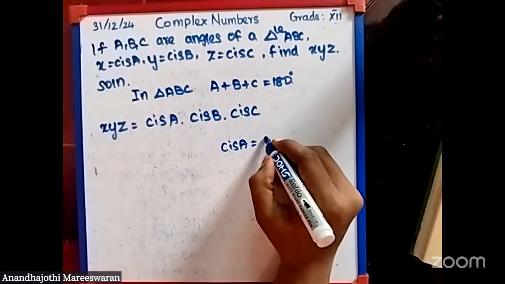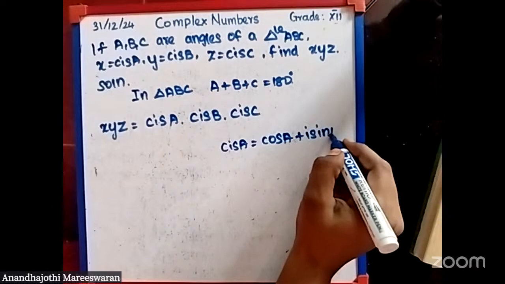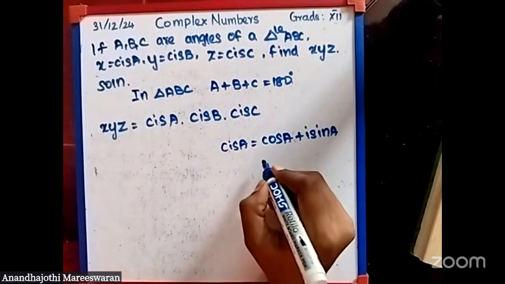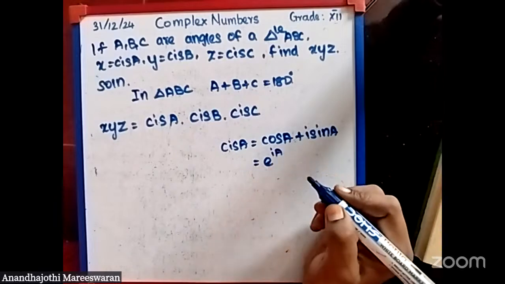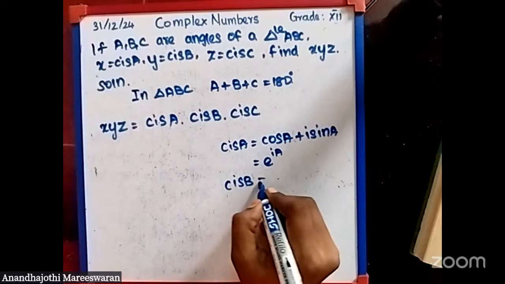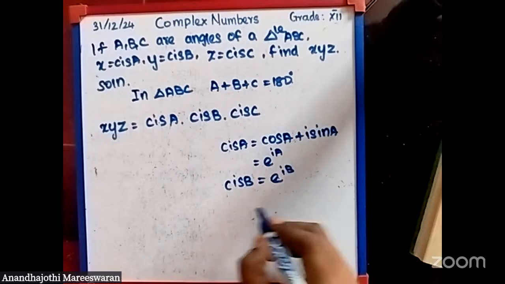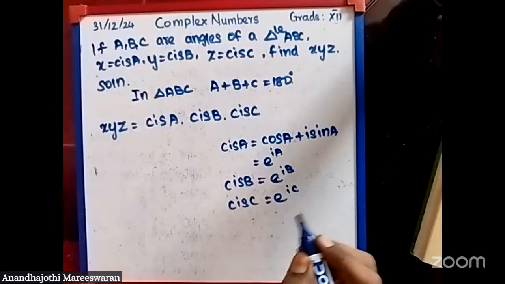Cis A is nothing but cos A plus i sin A. We can also write this in exponential form as e power iA. Then cis B will be e power iB, and cis C will be e power iC.